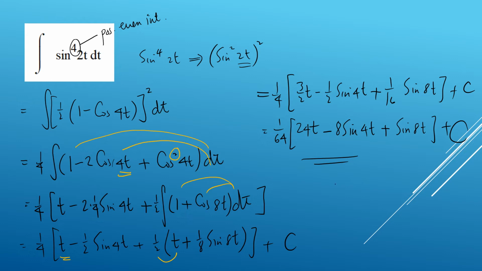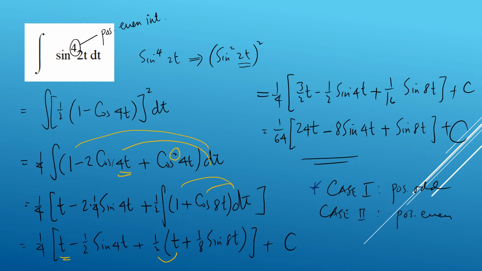So recap, for case 1, powers of sine or cosine are positive odd. For case 2, powers are positive even. What is the rule?